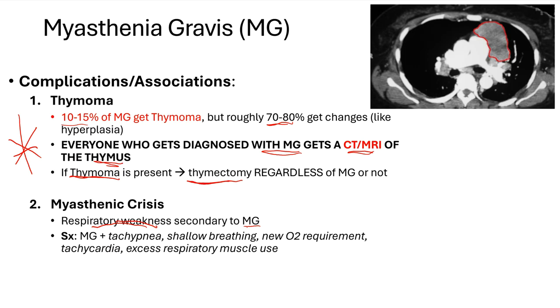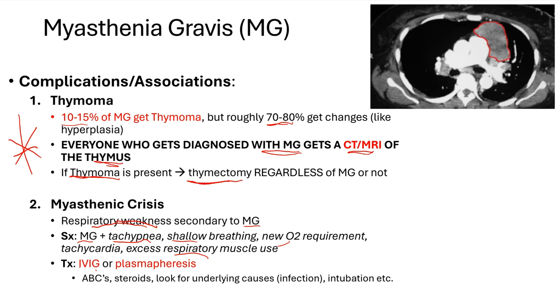Thus, individuals with myasthenic crisis will either have a history of MG or have baseline symptoms of MG and then have signs of respiratory distress, such as increased respiratory rate, shallow breathing, trouble getting air in, new O2 requirement, tachycardia, and respiratory muscle usage. This is also important to know because myasthenic crisis is typically treated with IVIG or plasmapheresis. That is the gold standard, or the medications that they're going to test you on.